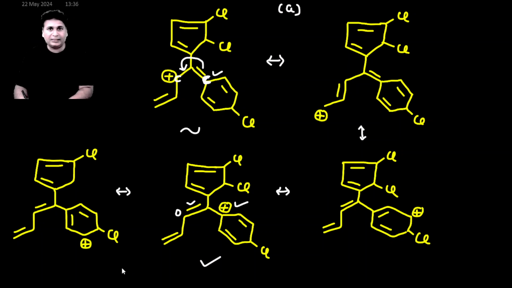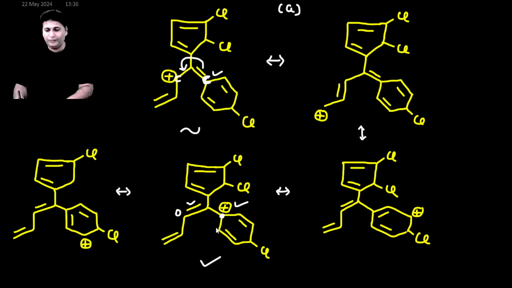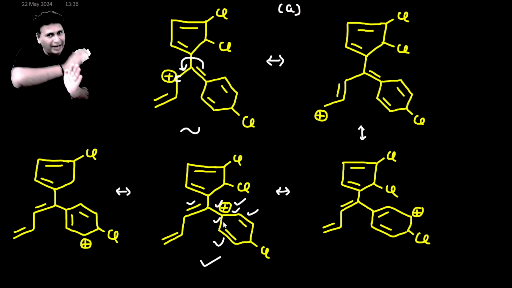Now what next? As the plus charge comes on this particular carbon, you see two more possibilities of resonance. How? You can see like this, plus, single, double. Similarly, you can see plus, single, double. So it's a cross conjugation situation.